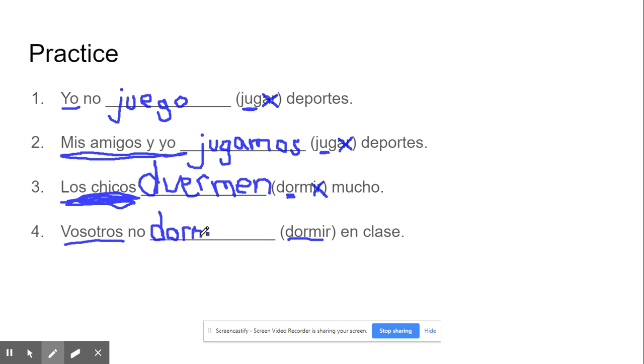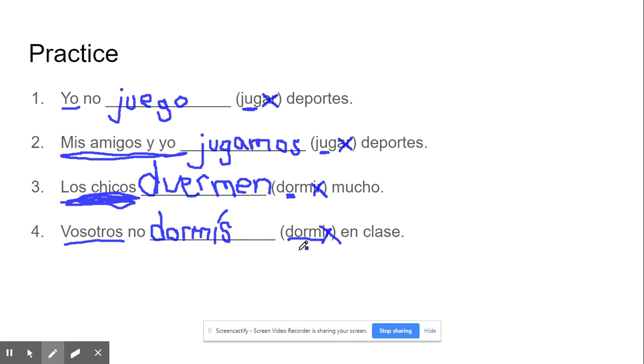D-O-R-M. And IR verb ending for vosotros is is. I with an accent mark. S. And there we have vosotros no dormís en clase.